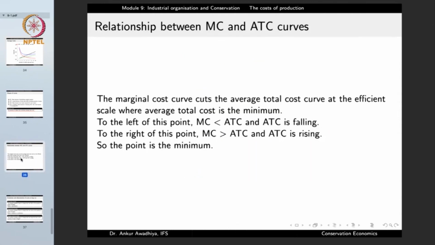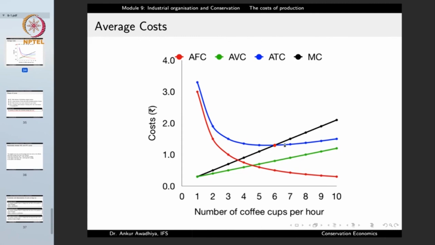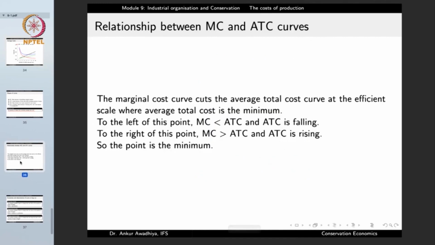So the marginal cost curve cuts the average total cost curve at the efficient scale where the average total cost is the minimum, because to the left of this point the marginal cost is less than ATC and the ATC is falling. To the right of this point, because it has cut here, the marginal cost is greater than ATC and the ATC is rising.